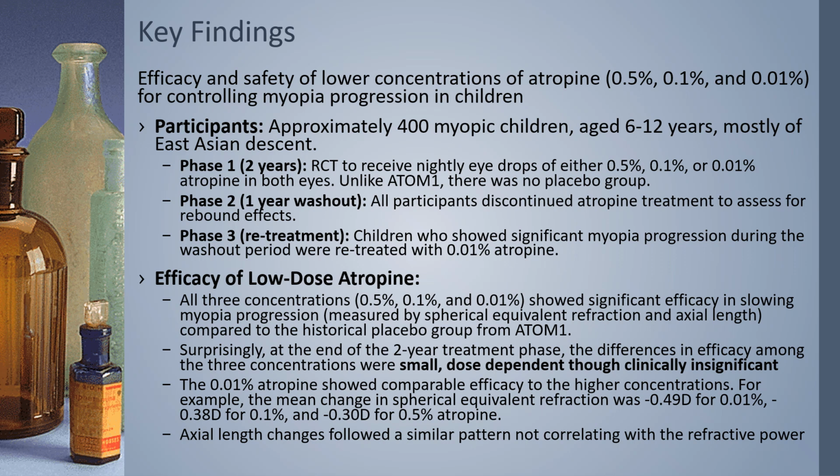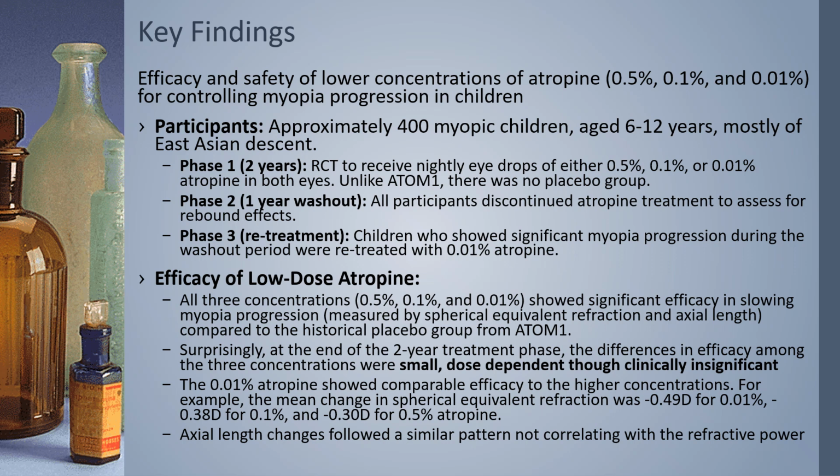Phase 2 was a 1-year washout period. All the participants discontinued atropine treatment to assess for rebound effects. And phase 3 was the retreatment group, where children who showed significant myopia progression during the washout period were restarted on 0.01%.